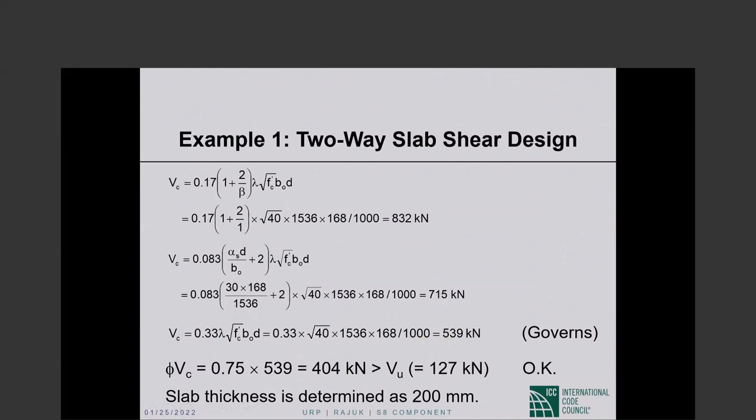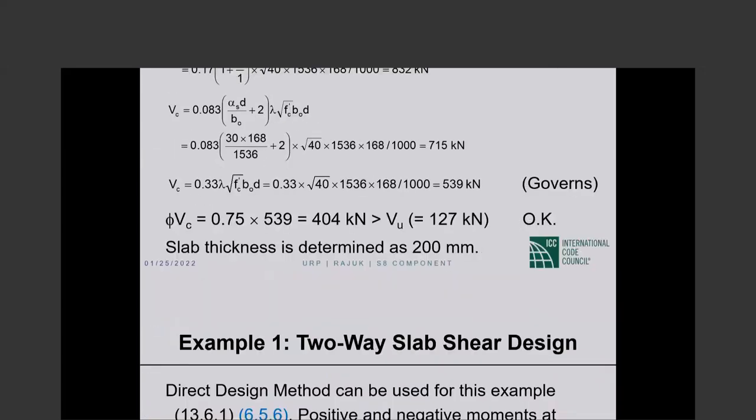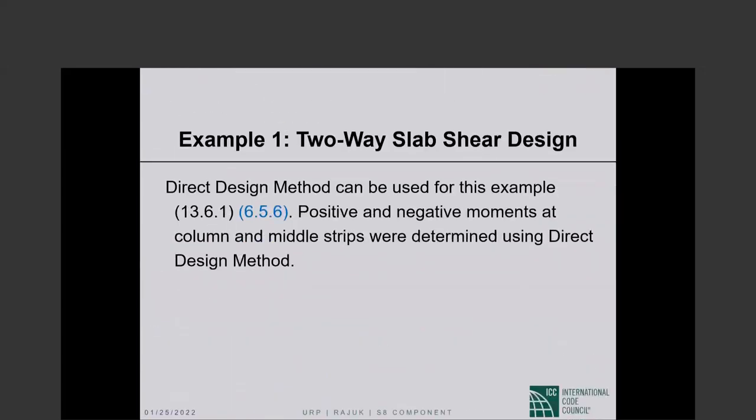And then that gives us design shear strength of 404 kilonewtons, which is sufficiently over 127 kilonewtons. So that tells us that the thickness of 200 millimeters that we chose is probably fine, although we now have to consider the unbalanced moment transfer.